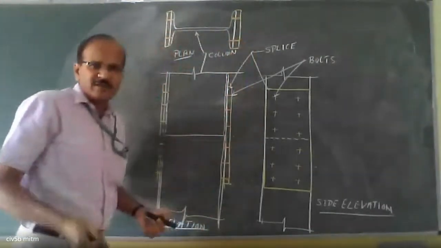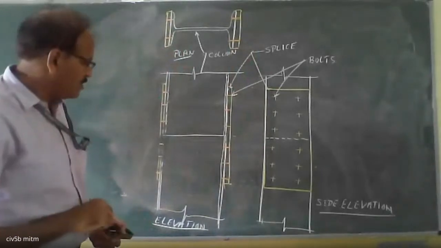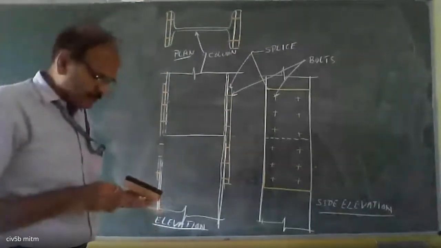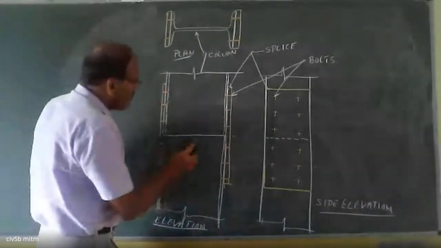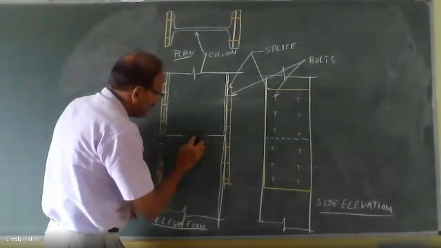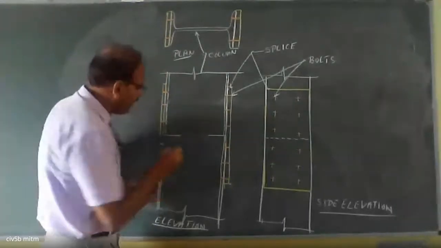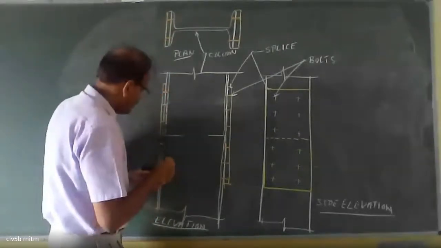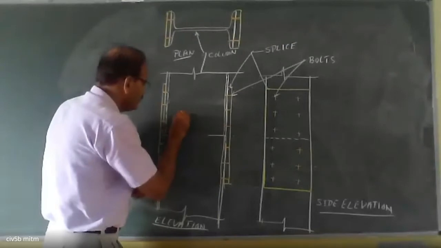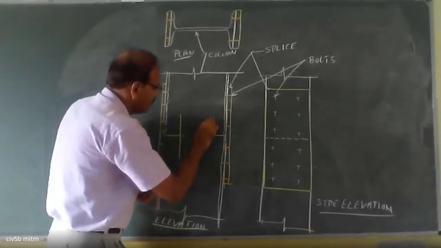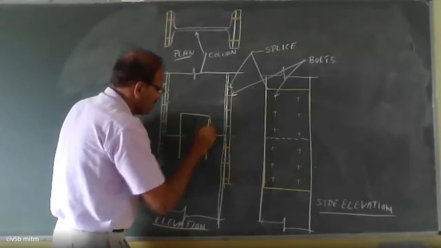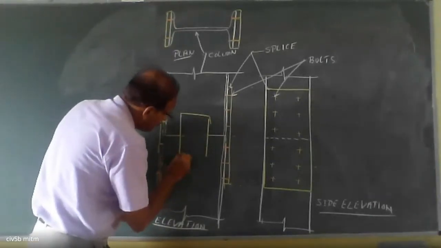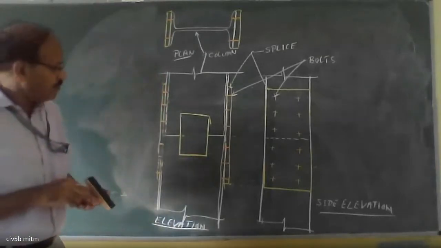Similarly, we can provide welds, if not bolts. This is the way splicing is done. Sometimes, depending on the requirement, we are going to provide splices to the webs of the column.